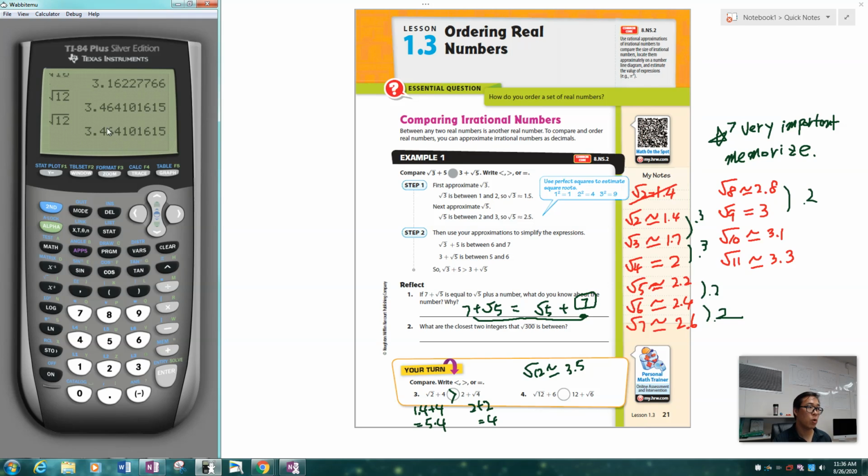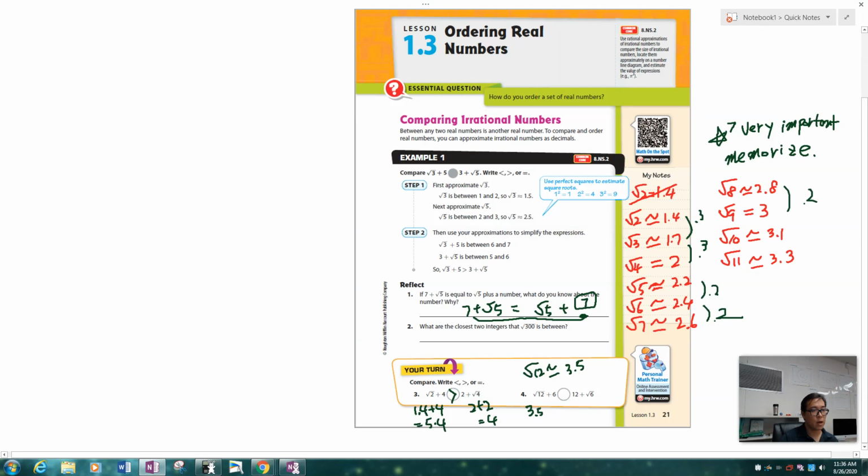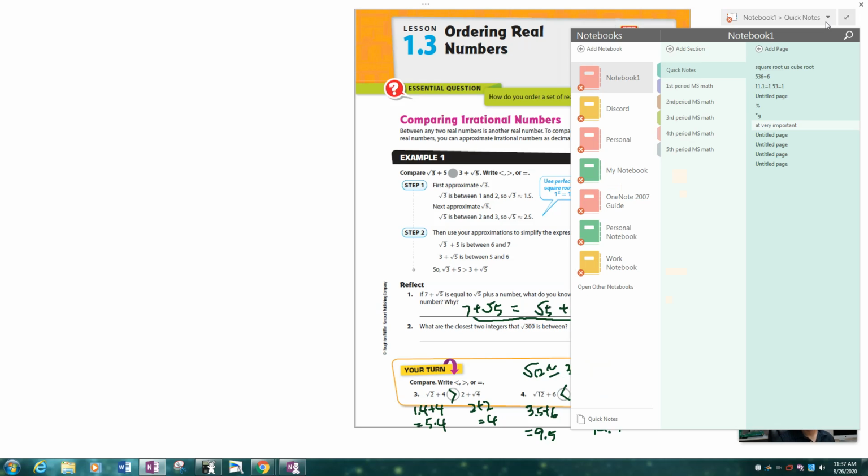When you round, it's 3.5, so it's 3.5-ish. I'm going to write that. 3.5 plus 6 is 9.5. And this one is 12 plus square root of 6, which was 2.4. That is 14.4. So this guy's bigger. That was easy. All right, moving on to the next one.